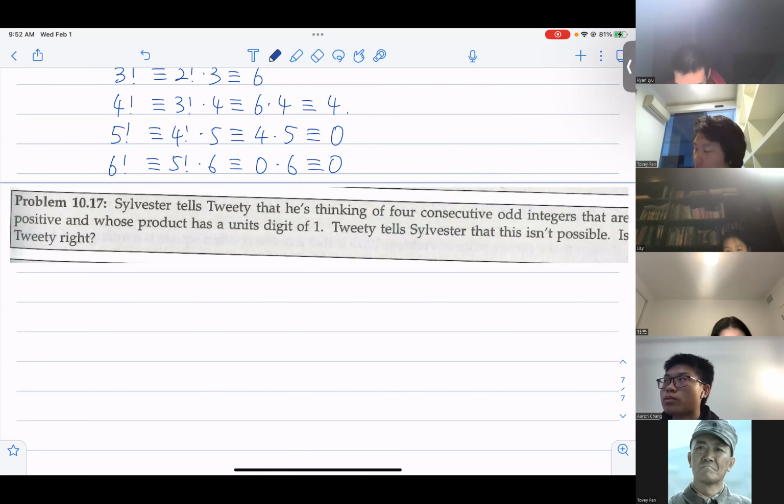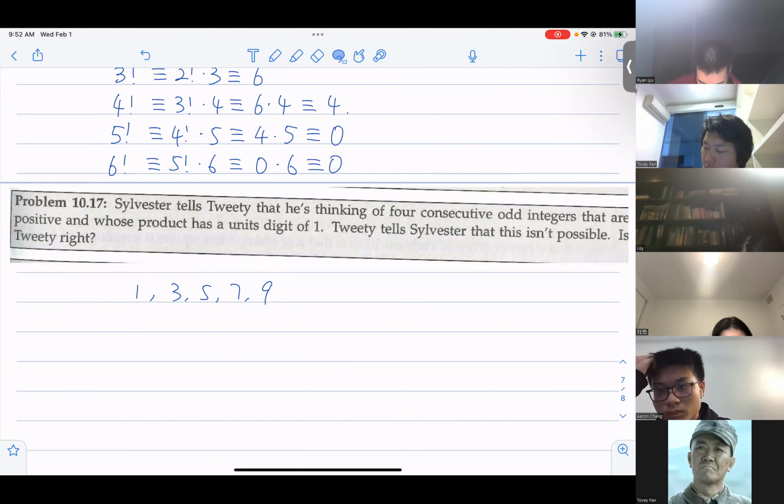So for consecutive odd integers, basically they end up with 1 or 3 or 5 or 7 or 9, right? We don't need to look at tens or hundreds digit, because we are only looking at the unit digit, right? So the unit digit of any odd integer is going to be just one of these.